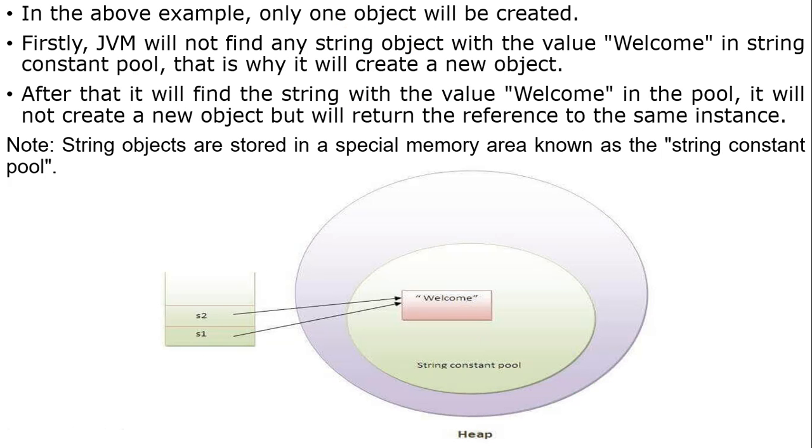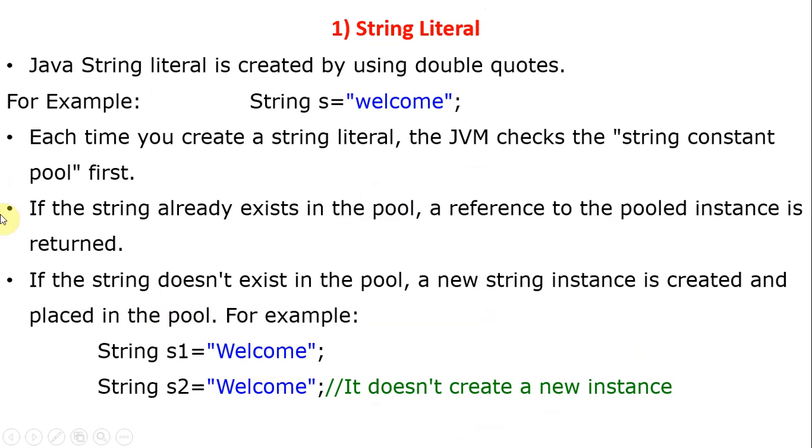So JVM checks whether the string constant pool contains this string literal or not. If the string already exists in the pool, a reference to the pooled instance is returned. If it is already there, it will return only the reference. If the string does not exist in the pool, a new string instance is created and placed in the pool.